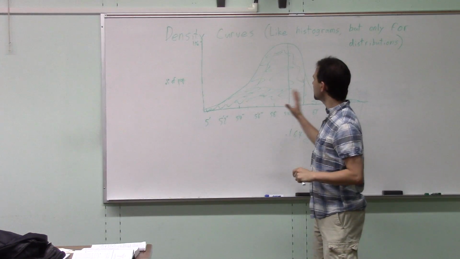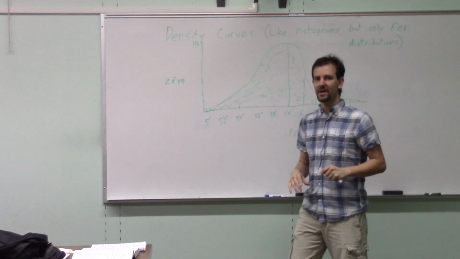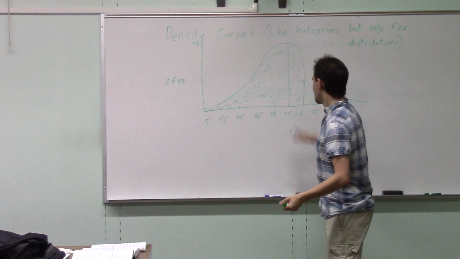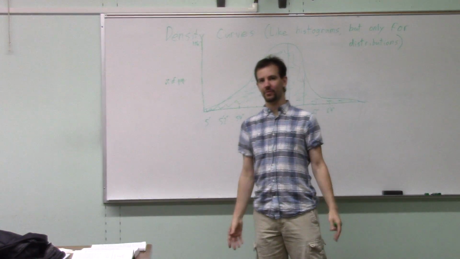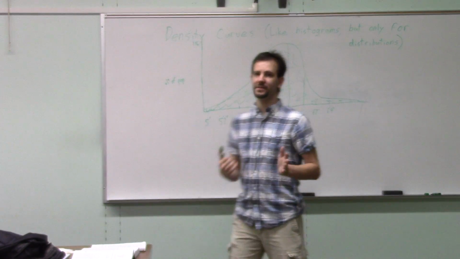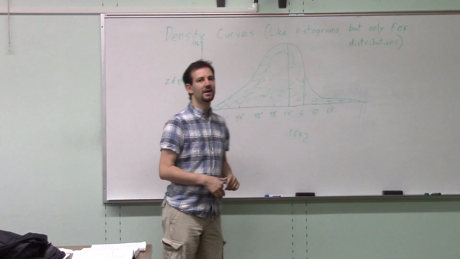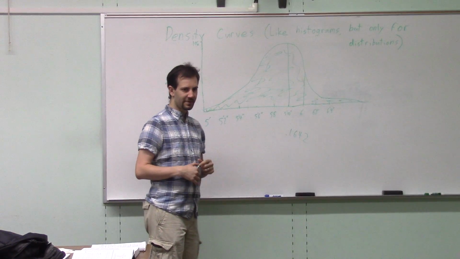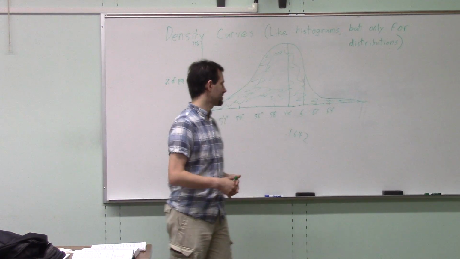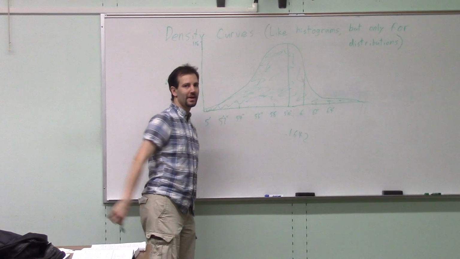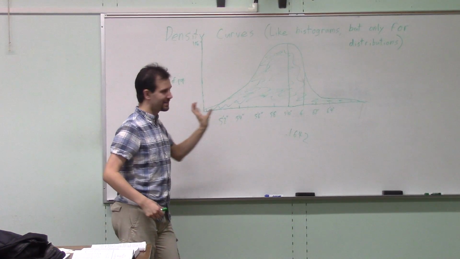You would sometimes use a density curve to describe what you think the world population is like. You would say, based on the data we've gathered, we believe that the shape of the distribution of human heights looks like this. You would develop an equation that you think describes humanity, and then you would draw that curve, and boom, you'd be able to measure subsections of it.